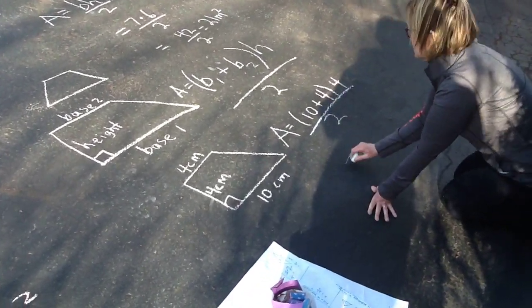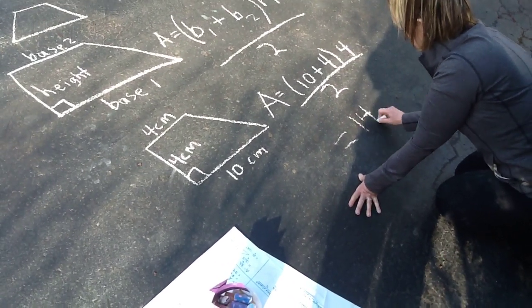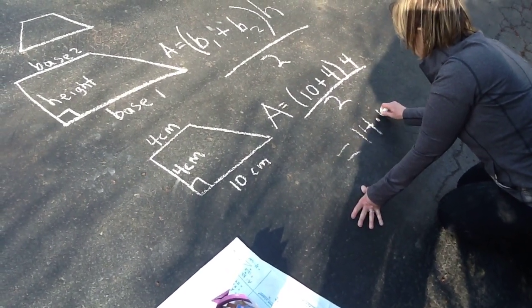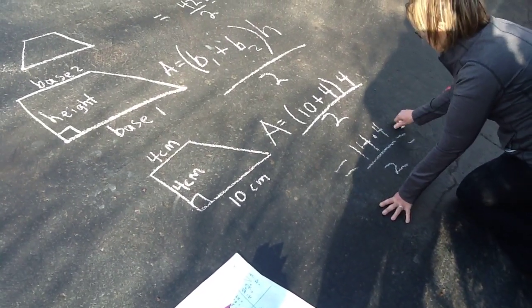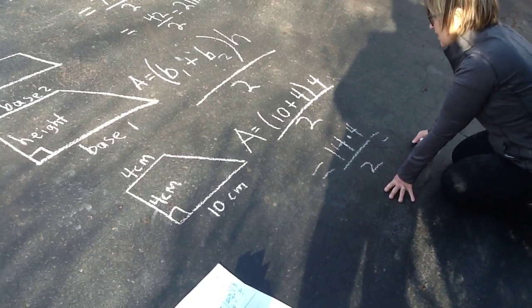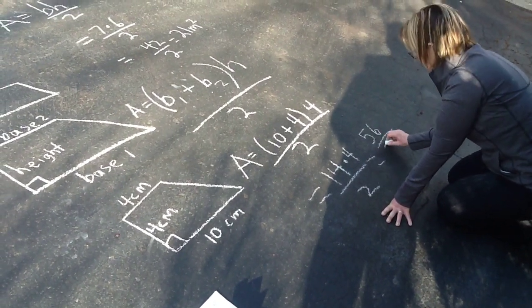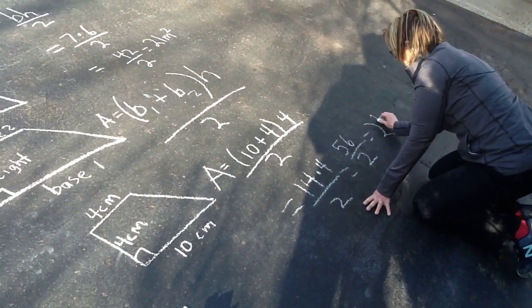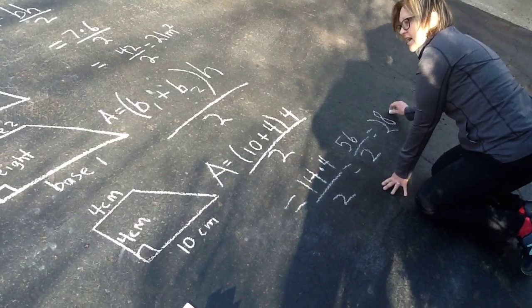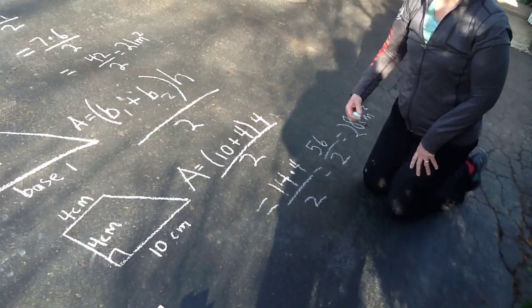So let's figure this out mathematically. 10 plus 4 is 14. So we have 14 times 4 divided by 2. 14 times 4 is 56. Now we have 56 divided by 2, which is 28 centimeters squared.